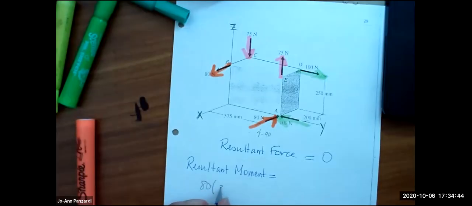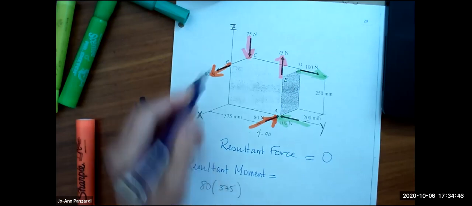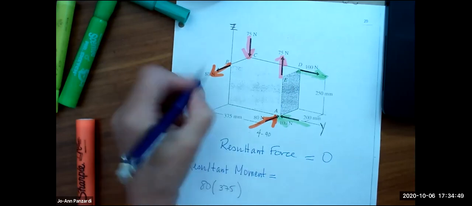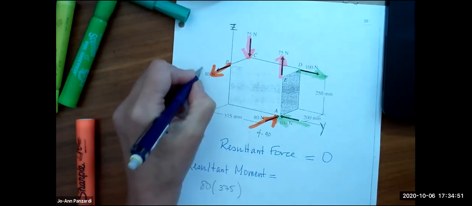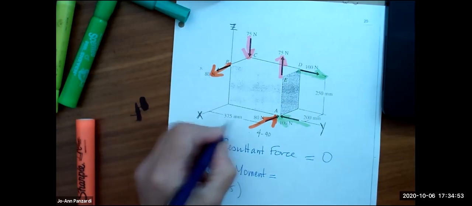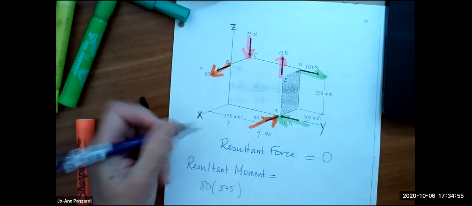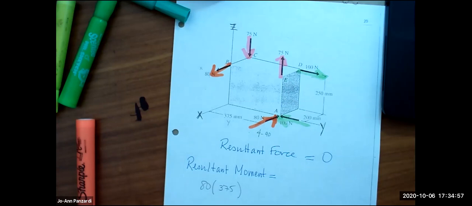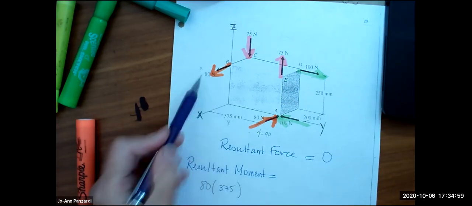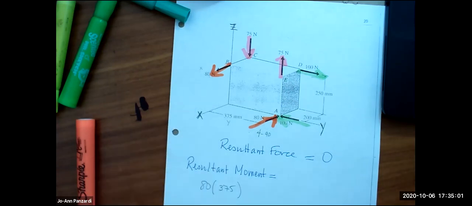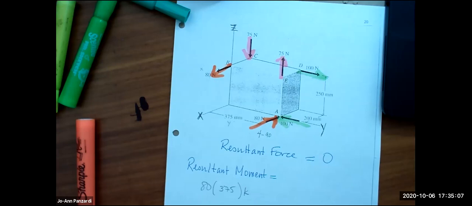Great. Say it with confidence. 375. 80 times 375. The 80 is in the X direction. The 375 is in the Y direction. So what axis does that 80 times 375 cause a spin about? It'd be in the Z. Correct. Positive or negative?